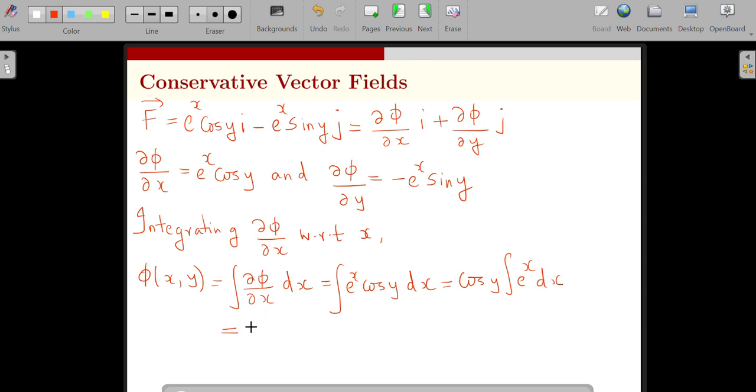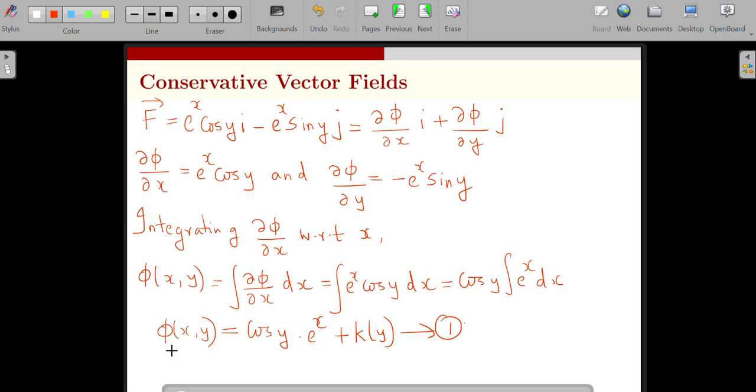This is equal to cos y into e^x plus, since the integration is with respect to x, there will be a constant of integration, and since we are treating y as a constant, this particular constant of integration will be a function of y, k of y. So what we obtain is that phi of (x, y) is equal to e^x cos y plus a function of y. Fine.